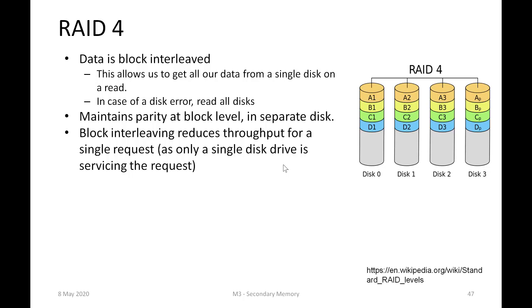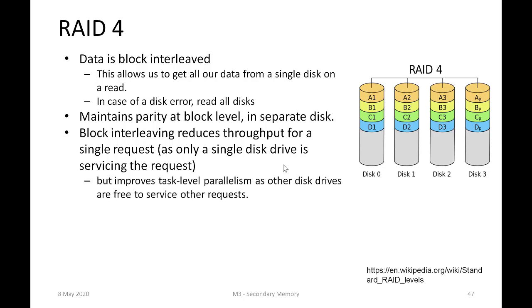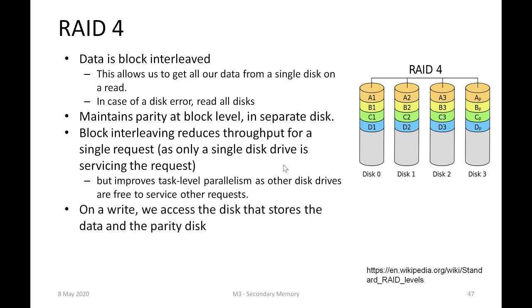As I have already mentioned, block interleaving increases the latency for a single request, but multiple requests can be processed in parallel. It's called task level parallelism. On a write, though, we need to access the disk where the actual data is stored along with the disk where the parity is stored.